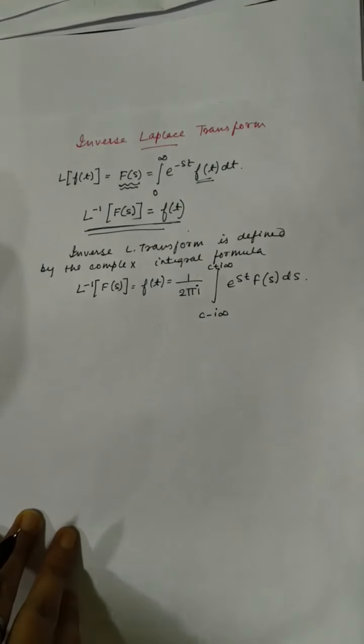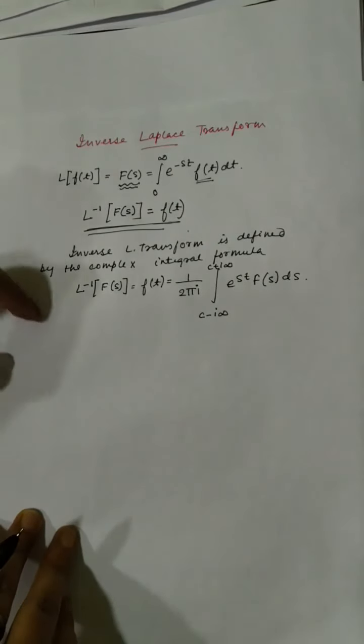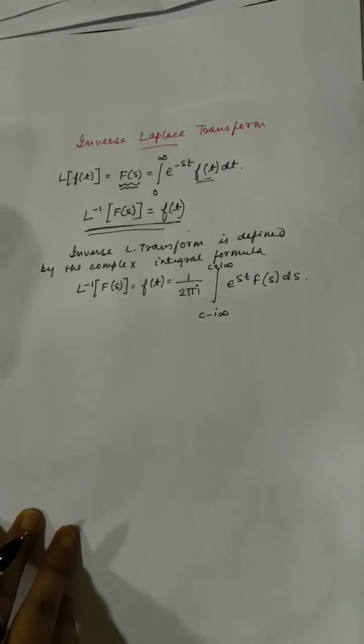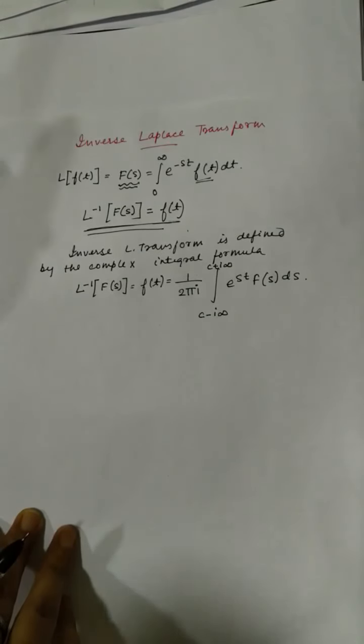Right? So this is the definition of inverse Laplace transform. You can obviously derive it, but we won't be doing that in our class. You can straight away come to the formula, right? So this is the integral formula which defines inverse Laplace transform, right?